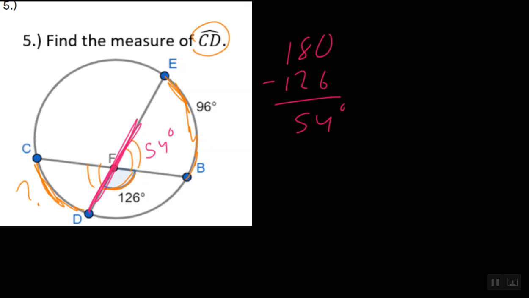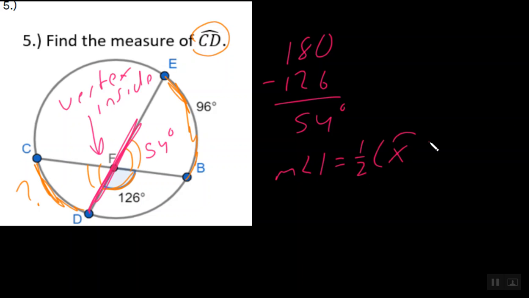54 degrees. And now we see that we have a vertex that is inside, and so we can do the measure of angle 1 is equal to 1/2 arc X plus arc Y. So remember, this plus is a plus whenever we're using a vertex inside.